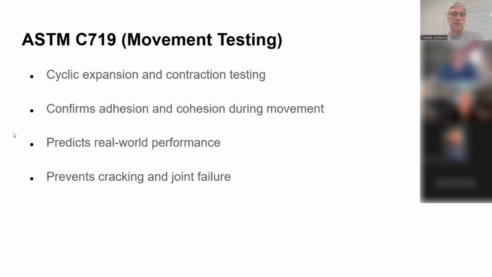ASTM C719, movement testing, so cyclic expansion and contraction testing. When you talk about expansion and contraction with joint sealants, you're talking about it through the width of the joint. Elongation is when you stretch like so, and expansion and contraction is through the width of the joint, this way.